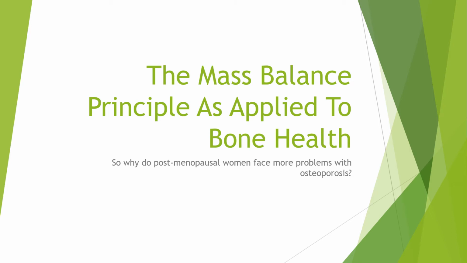Previously, we looked at the bank account analogy, or the mass balance principle, as applied to cholesterol accumulation in our body, and we realized that to have a healthy cholesterol level, we need a good balance between the in and the out. And when our out is significantly less than our in, we have an accumulation.